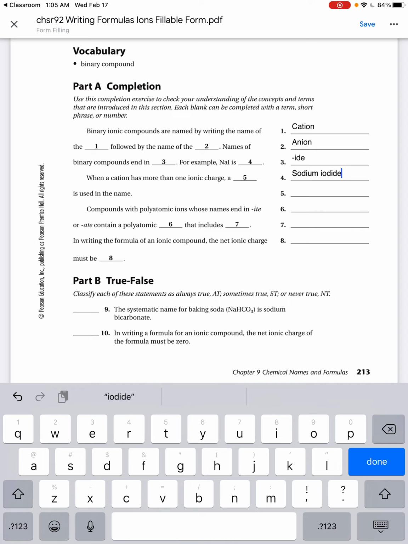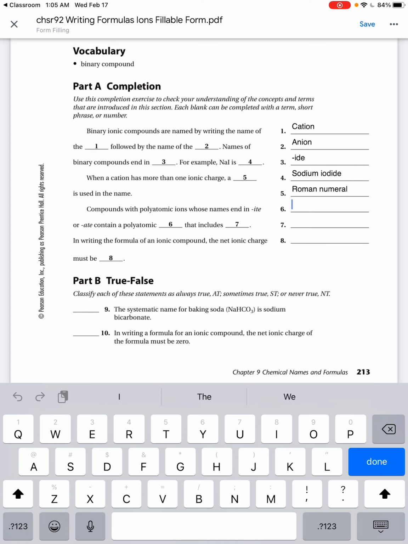And when a cation has more than one ionic charge, a Roman numeral, or a Roman number, that's just the way I learned it, is used.